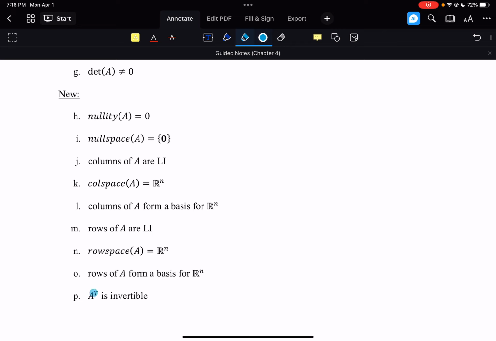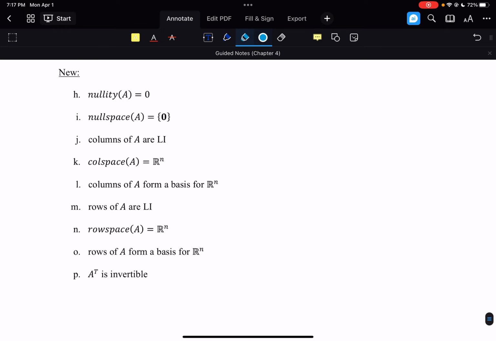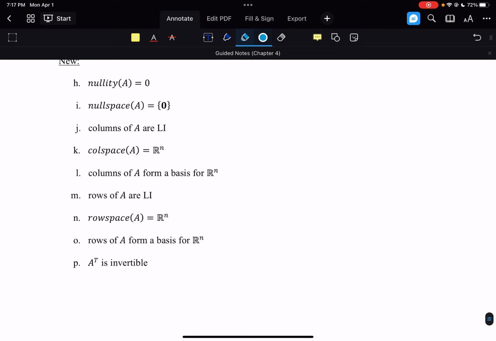And the transpose of a matrix is invertible if and only if the original matrix is invertible. That also can be justified using the concept of rows and columns and the number of pivoted elements within the matrix. But all of these new ideas that we've looked at in the past few sections are equivalent to a matrix being invertible.